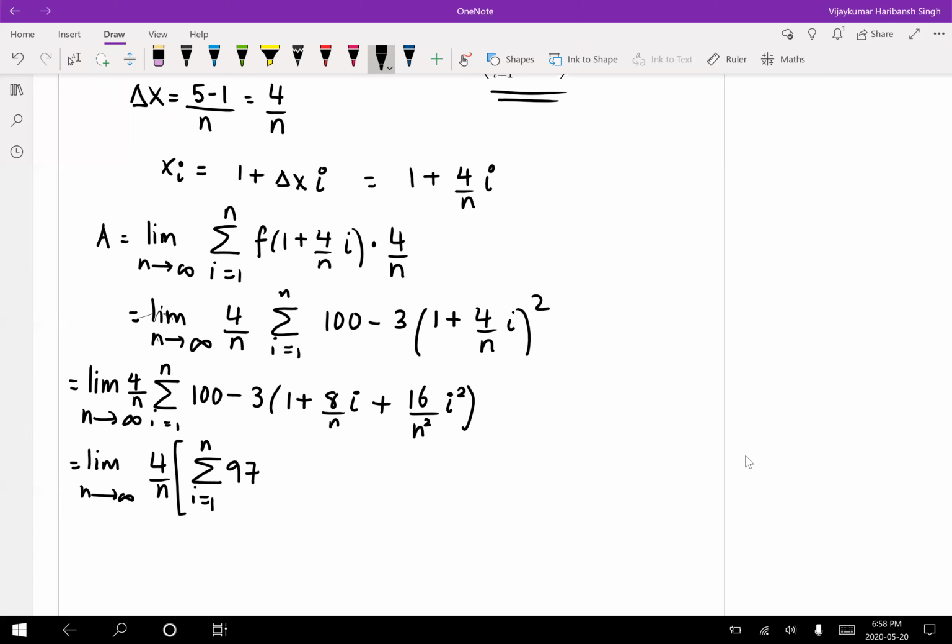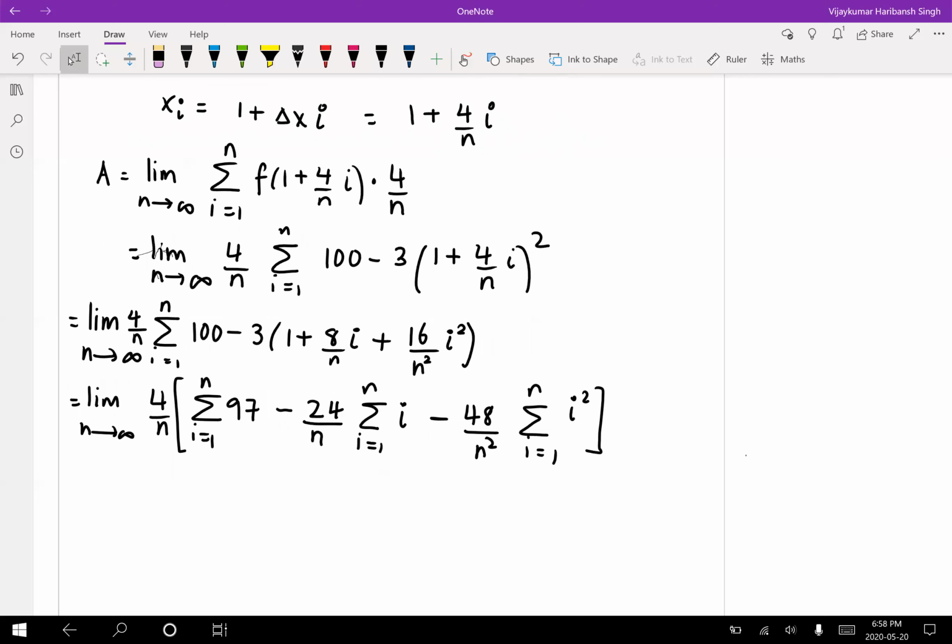Now I'll break the summation and give summation to everyone. 3 times 8 is 24 by n, then summation i going from 1 to n of i. Minus again, because this minus sign from outside will make all of them minus. 3 times 16 is 48. So 48 by n square times summation i going from 1 to n of i square.